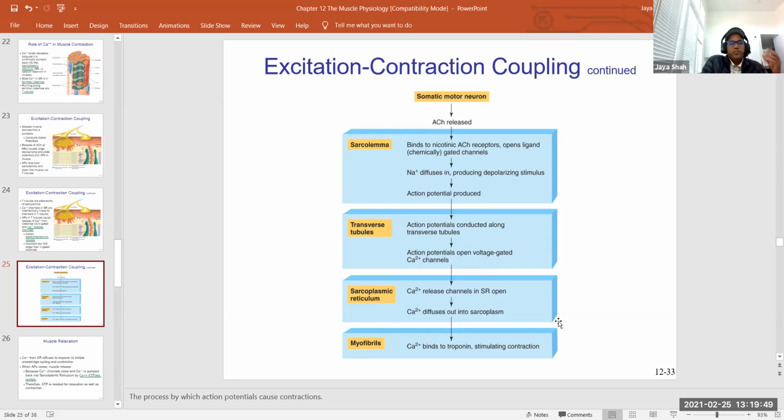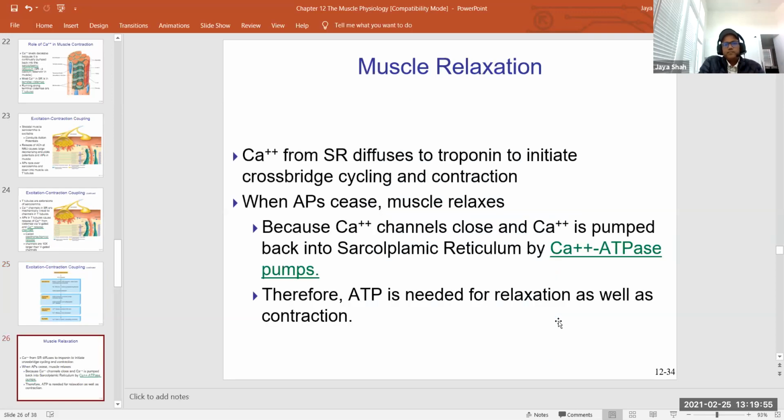So this is the process by which the action potential causes contraction. Okay, muscle relaxation. In any work we do, we think that when we do muscle contraction we use ATP, but muscle relaxation also needs ATP. If I ask why ATP is needed for muscle relaxation, what is the answer?